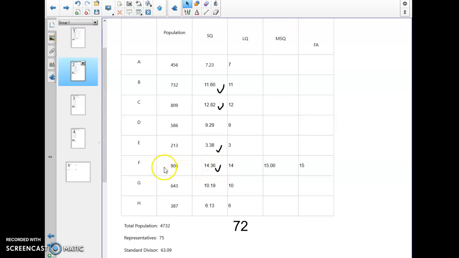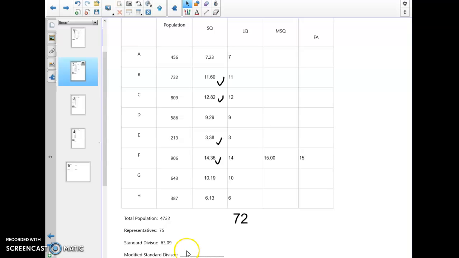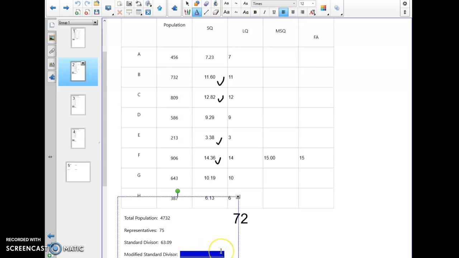So to get population F with 906 people, to get a standard quota of 15, we're going to do 906 divided by 15. This leaves me with an answer of 60.4. And that's going to be my new standard divisor.